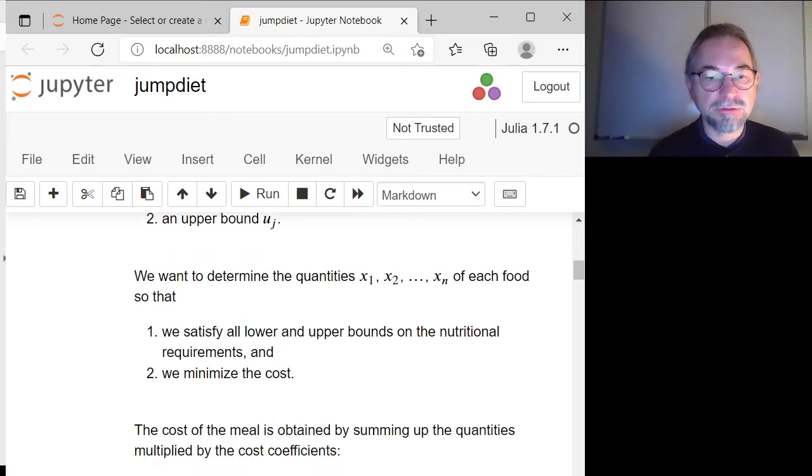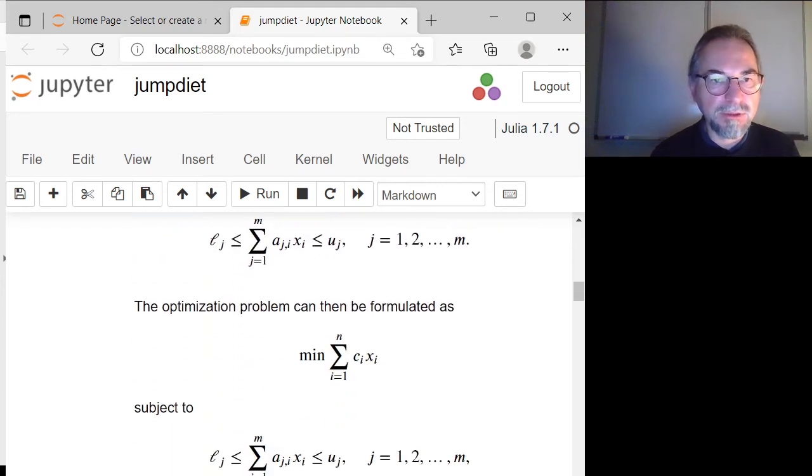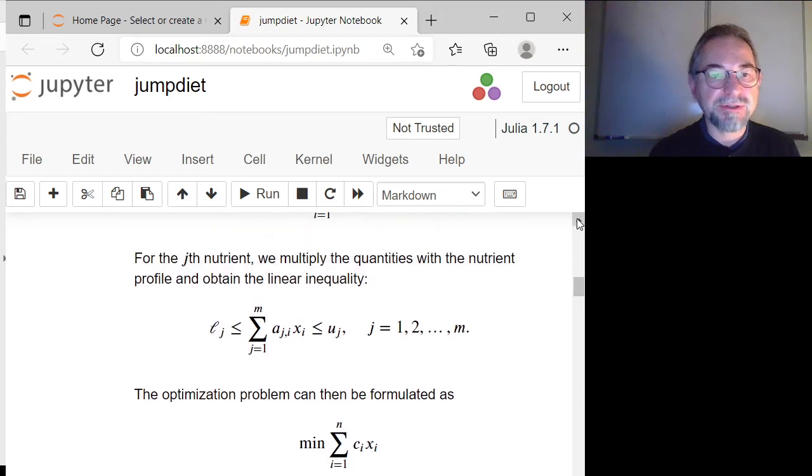So the cost function, the objective, is formulated by these n foods multiplied with their cost coefficient. And then we have the constraints. It's quite flexible here. We have linear inequalities that are given by lower bounds and upper bounds.